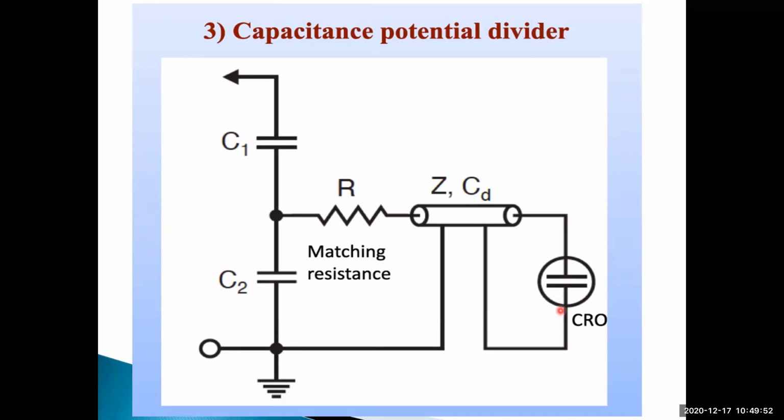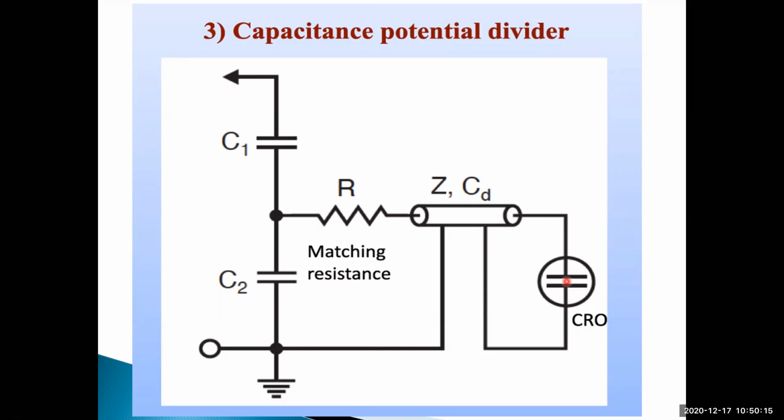That's why the CRO is connected in parallel to the element where we have to measure the voltage, just like a voltmeter. The internal impedance of the CRO is high, which means it acts as an open circuit.